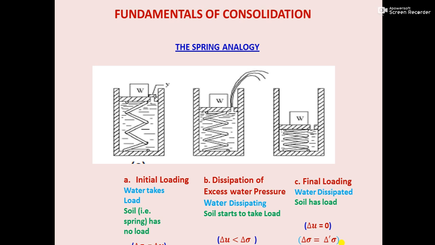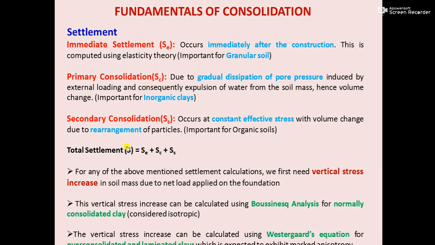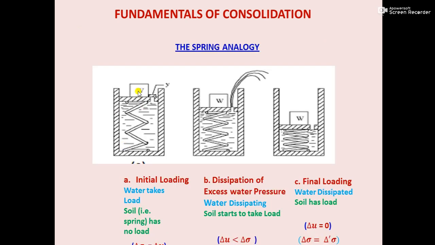There is a can that is filled with water, and it is blocked from this side, and this is also blocked, and there is a spring. You notice this is a spring.